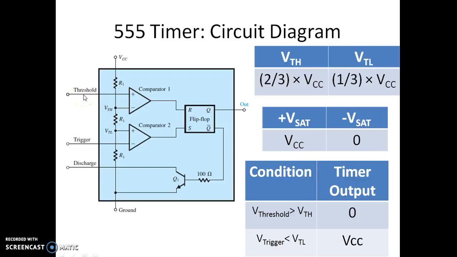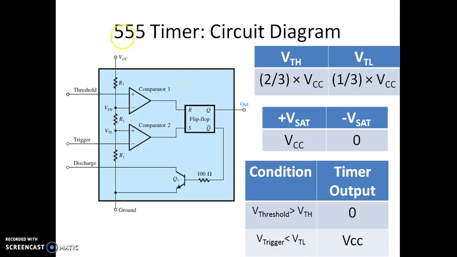If the voltage at threshold goes above VTH, then we have the output voltage as 0. If the trigger voltage goes below VTL, we have the output voltage going high. So this is the basis for using the applications of the 555 timer.